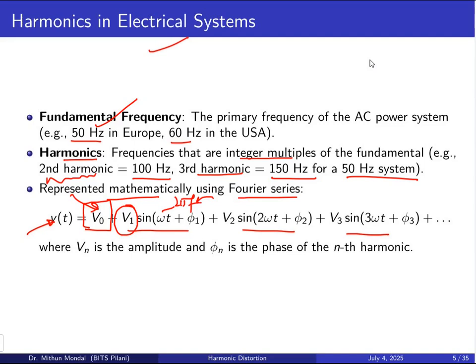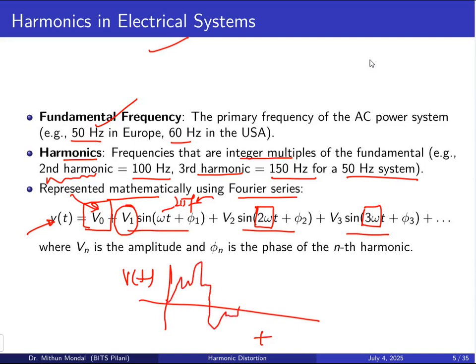The other components are integer multiples of this fundamental component. These are known as the harmonics, and if we plot the voltage with respect to time t, we will not get a pure sine wave. Rather, there are a lot of harmonics present in the sine wave.